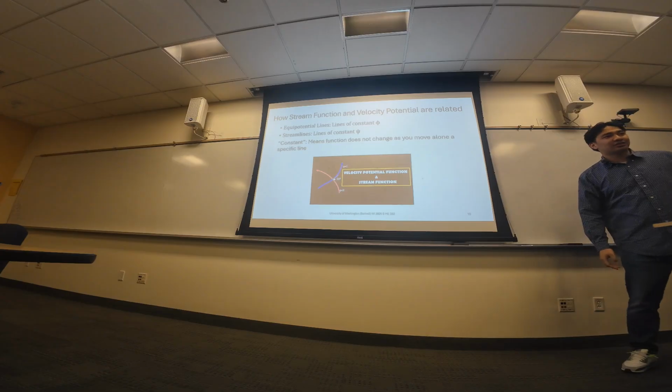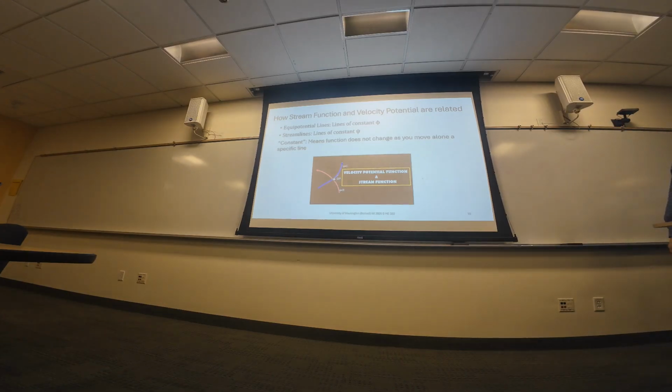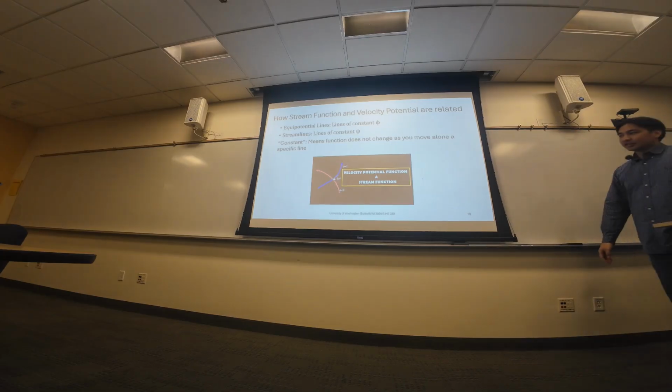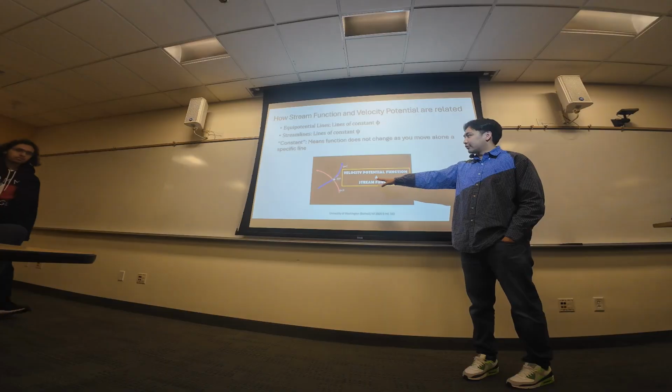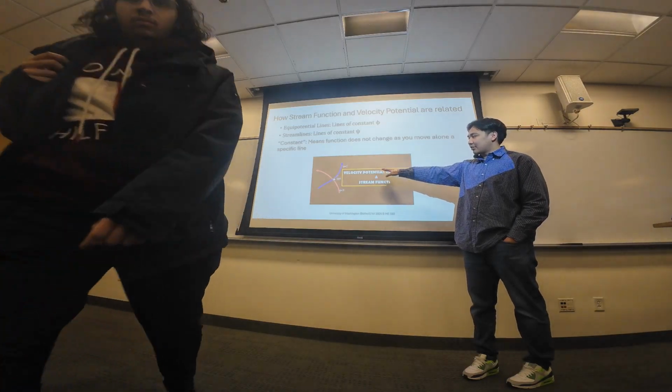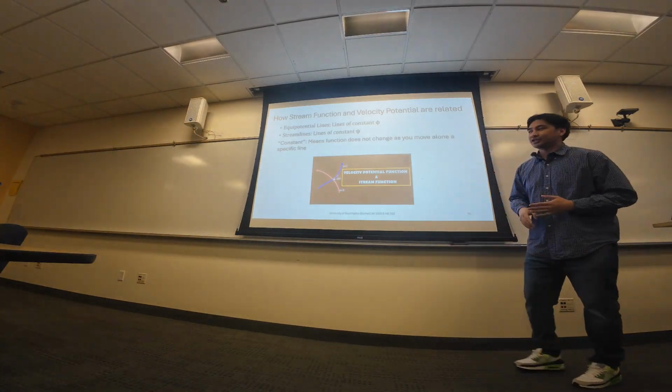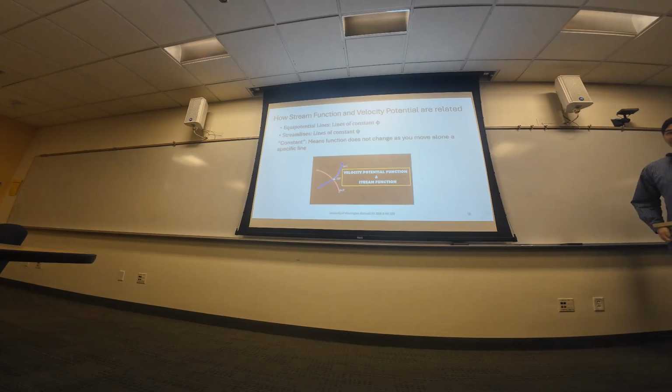It's constant along those streamlines. That's what constant phi or psi means. And conceptually, if you're finding a psi or phi, they're perpendicular to each other in your field of vectors. That's the main concept of how they are related.